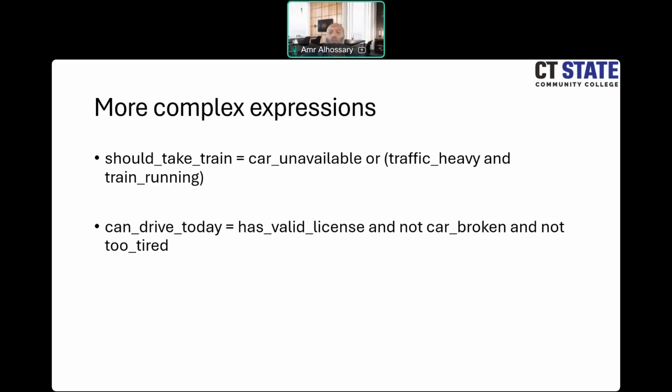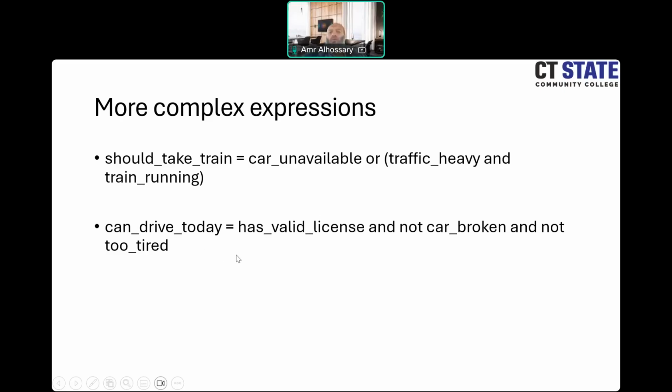So not too tired and not car broken, I don't need to put parentheses around them because it's already understood that not, being a unary operator, is of higher priority than any binary operator. So it works directly on the operand following it.